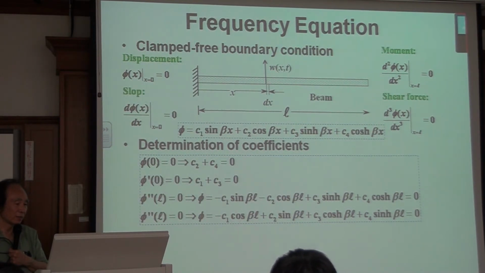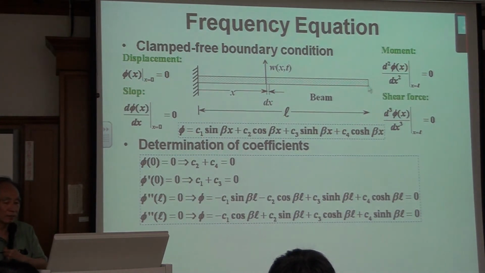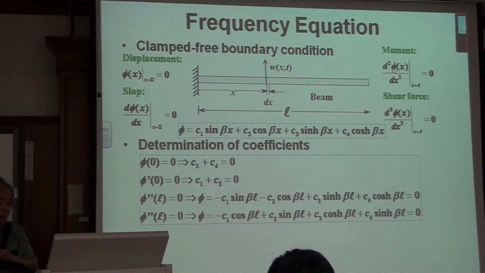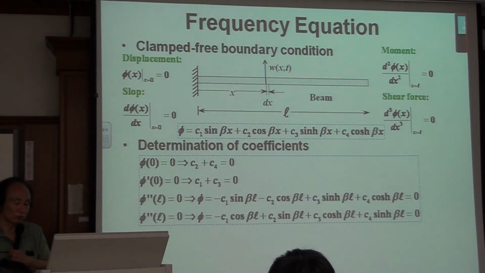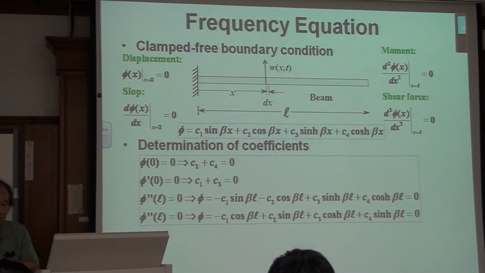So phi at x equals 0 is 0, and d phi over dx equals 0. That's this end, the displacement and the slope equal 0. That's why you got this. And at this end, there's no moment, so d squared phi over dx squared equals 0, and there's no shear force, so d cubed phi over dx cubed equals 0.